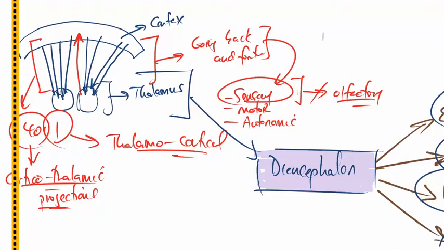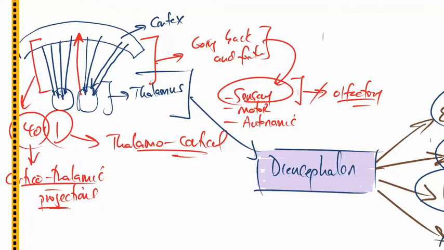So they're seeing the thalamus not just in the restricted sense of being a relay station, but as having a higher function, playing a role in our conscious awareness of our surroundings.